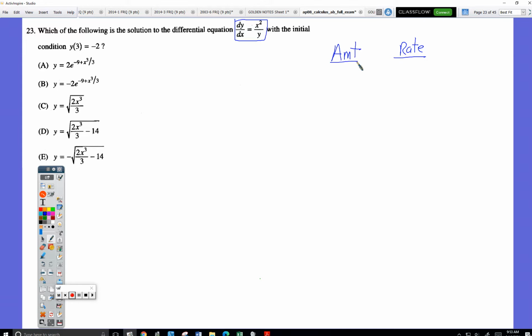This formula, which could be y equals something, or maybe we'd call it f of x equals something, is the solution to a differential equation.